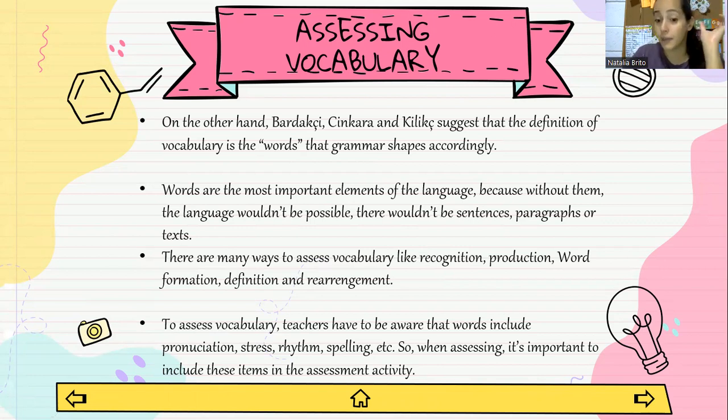Maybe if we want, we can only assess spelling or we can only assess pronunciation, but it's important to be clear about that. So when assessing, it's important to include these items in the assessment activity. Maybe we can assess all of them, okay?